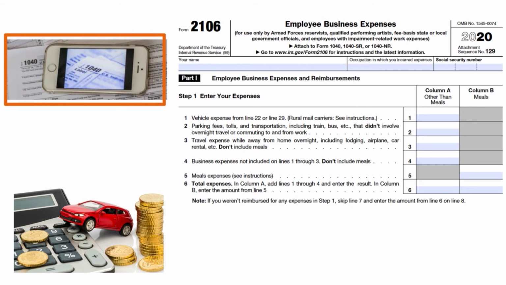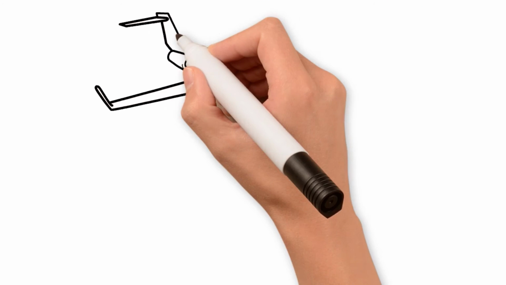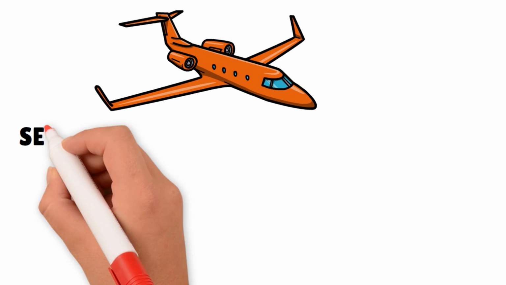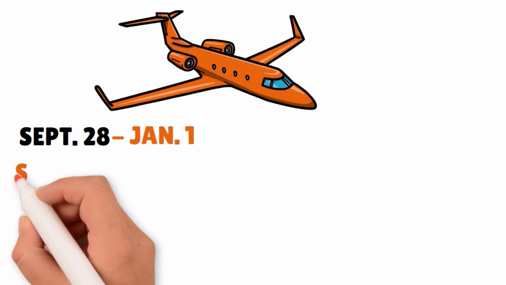And so one thing I need to mention here is line 25. If you placed in service certain qualified listed property during the tax year, you may be able to deduct the special depreciation allowance, and this property includes certain aircraft acquired before September 28, 2017 and placed in service before January 1st, 2021, and certain qualified property acquired after September 27, 2017 and placed in service before January 1st, 2027.